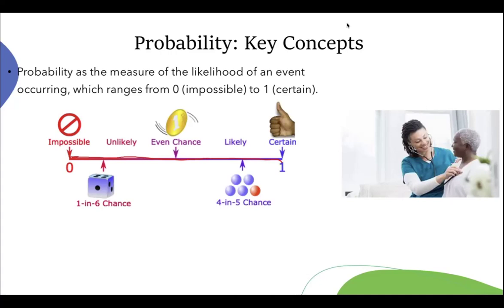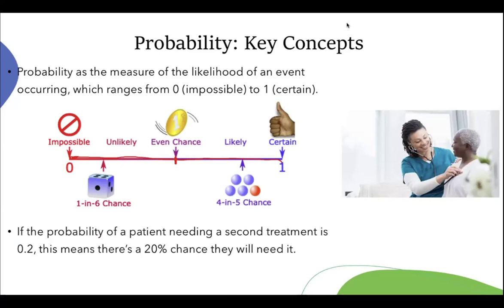So right in the center, we have even chance, and we call that a 50-50. What we have on the left-hand side are events that are more unlikely, and on the right-hand side, we have events that are more likely, and right in the center, we have events that are equally likely and unlikely.